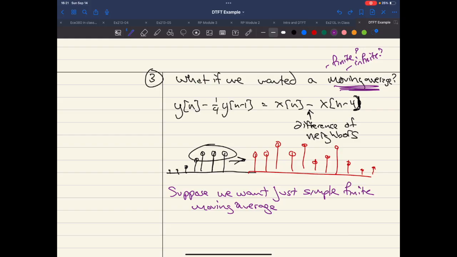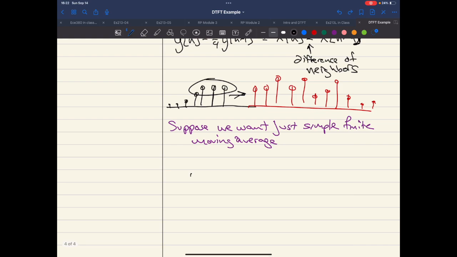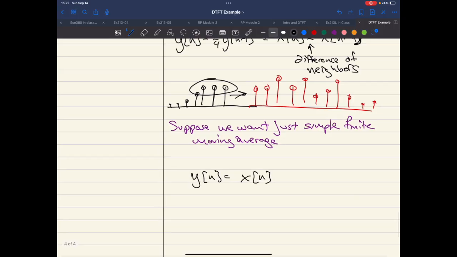We've decided that we wanted a finite moving average, but we didn't say how long we wanted it to be. So we need to decide on a finite number of delay elements that we want to tack in here. And our final form should look like this. And we could do 1 over capital N here.